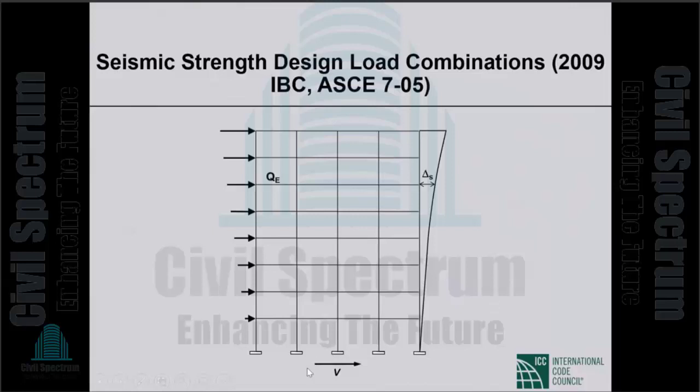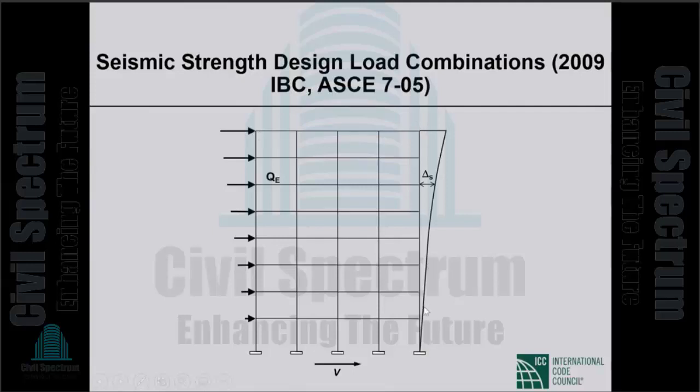In seismic design, we start with the design base shear V, and there are seismic modules coming up. We distribute the V along the height of the structure in the manner prescribed by the code. That gives us lateral forces at the various floor levels.